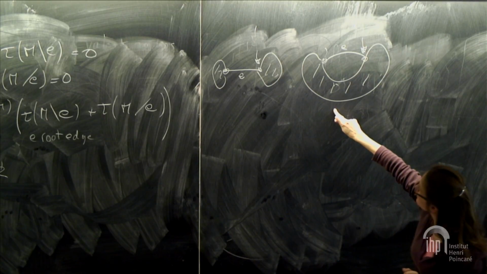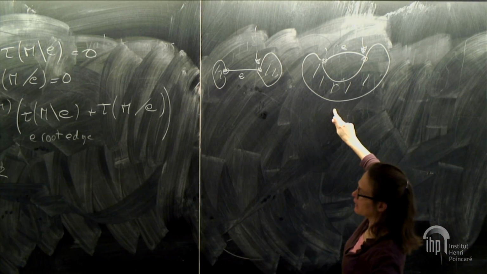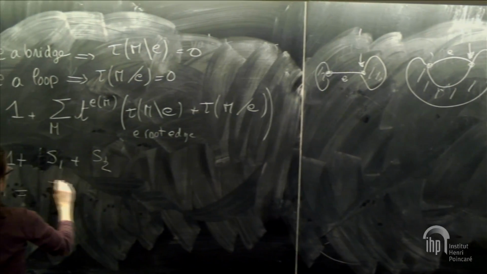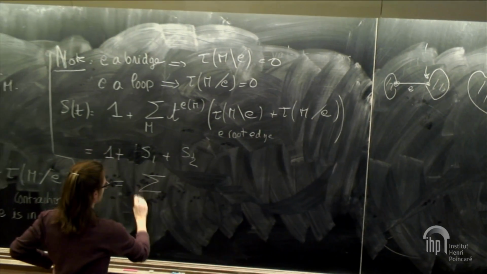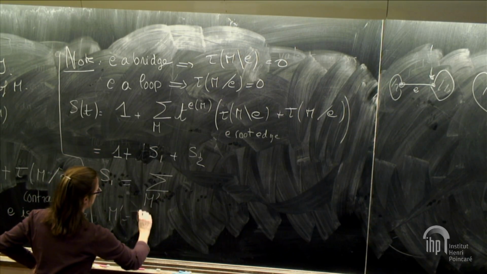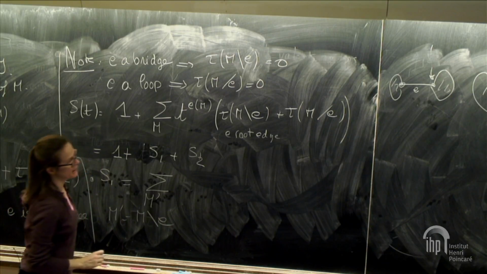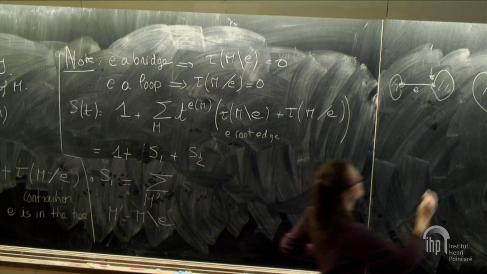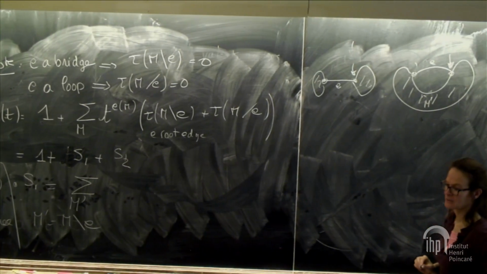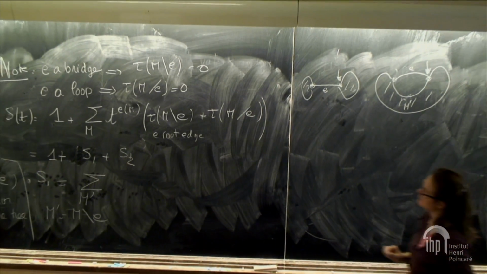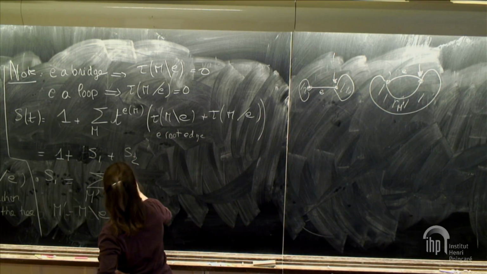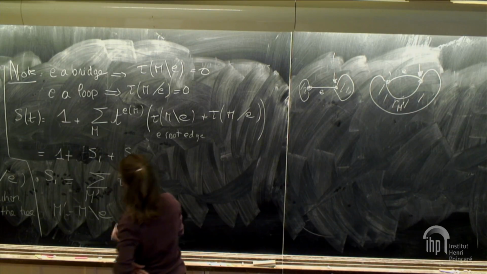So S1 is the sum over M prime, the map where I have deleted the root edge, weighted by its number of spanning trees.